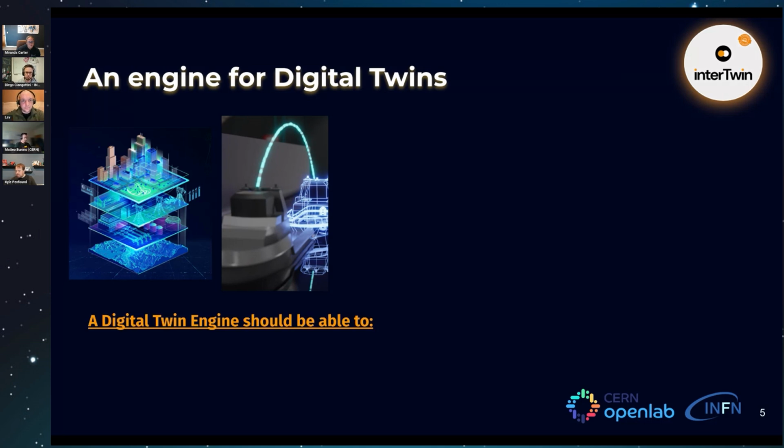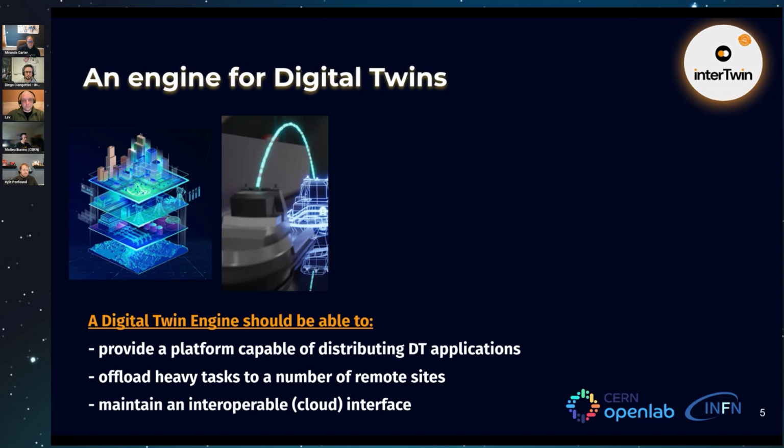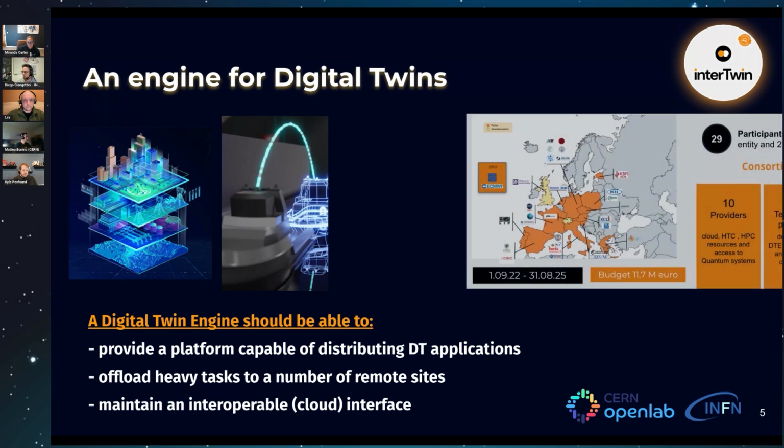But the most important challenges that we want to tackle today, that drove us to use Dagger for many things, is that we have several frameworks that should be able to use a common platform that can distribute the application for the digital twins. We want to offload the heavy tasks to a number of remote sites, because heavy payloads should go to supercomputers, for instance. And then we want to maintain interoperability between all these frameworks. And this is granted for us just by using cloud interfaces. And we will see that it's not that simple.